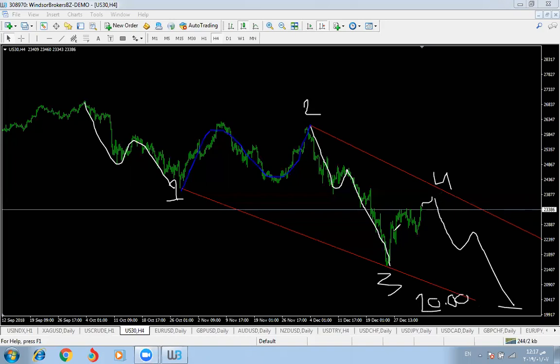So our next step for the Dow Jones is to watch this corrective structure. After this corrective structure is completed, we can go short.